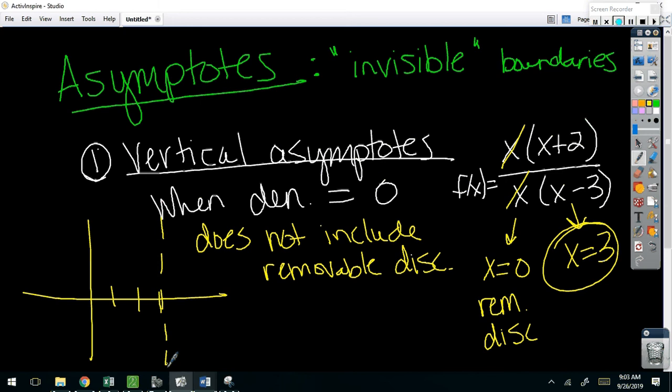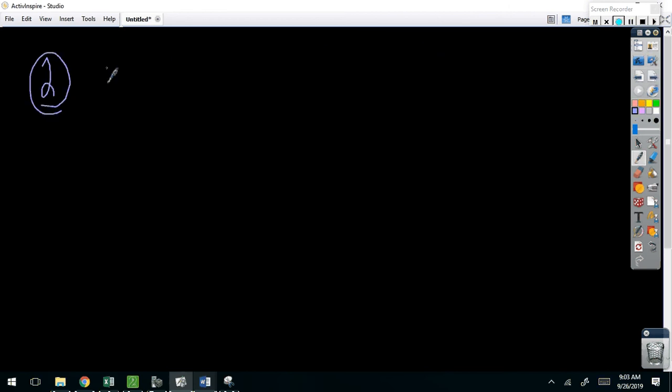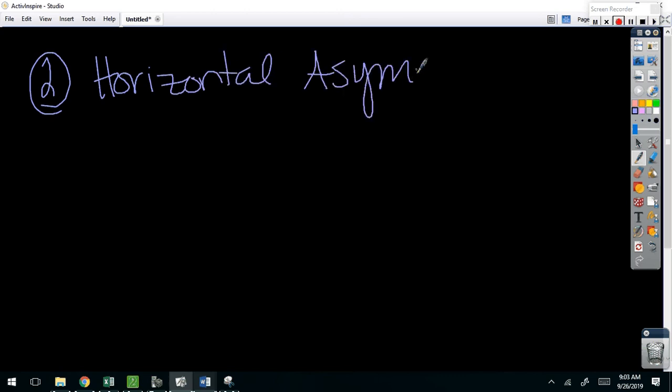Okay. Horizontal asymptotes. That's where it gets hard. Y'all ready? I'm ready. This is the last thing. So we haven't talked, other than to leave them out of the range, we haven't talked a whole lot about how to actually find the horizontal asymptotes, okay?